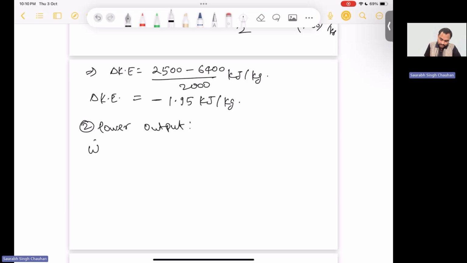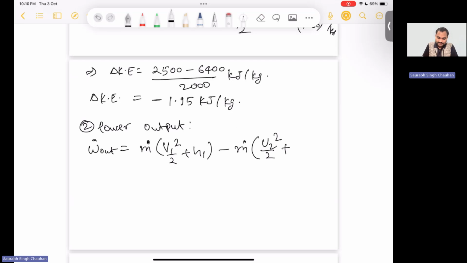So power output will be equal to m times v1 square by 2 plus h1 minus v2 square by 2 plus h2. This is total energy, right? So change in total energy will be reflected as work output, or power produced.